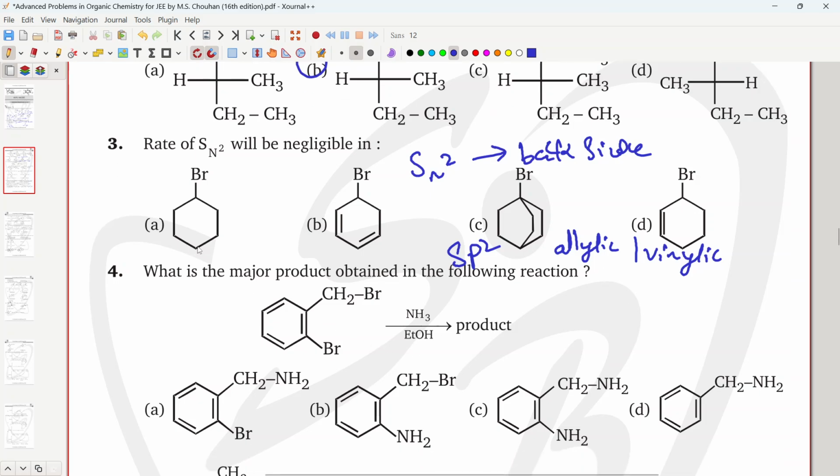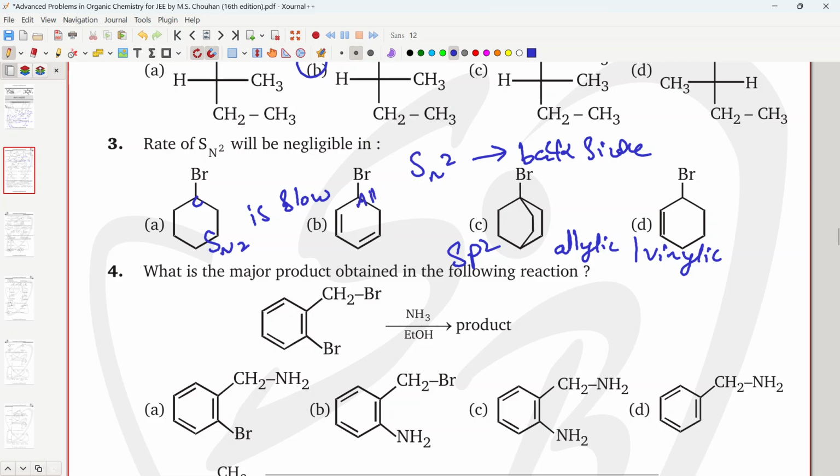So let's say cyclohexyl bromide. SN2 is slow, but the carbon and Br here are on a normal saturated carbon.